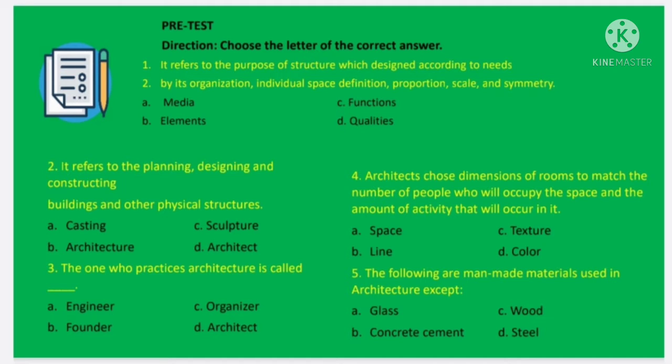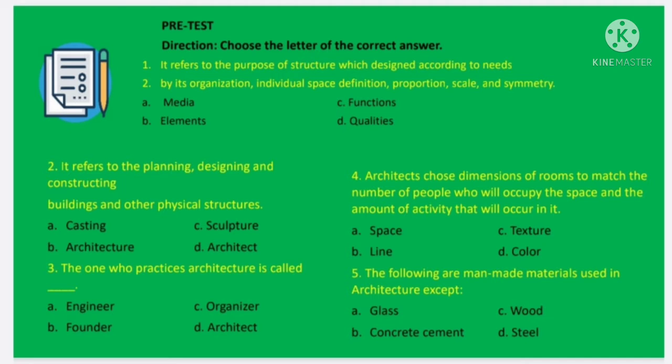Number 3. The one who practices architecture is called A. Engineer. B. Founder. C. Organizer. D. Architect. Number 4. Architects choose dimensions of rooms to match the number of people who will occupy the space and the amount of activity that will occur in it. A. Space.